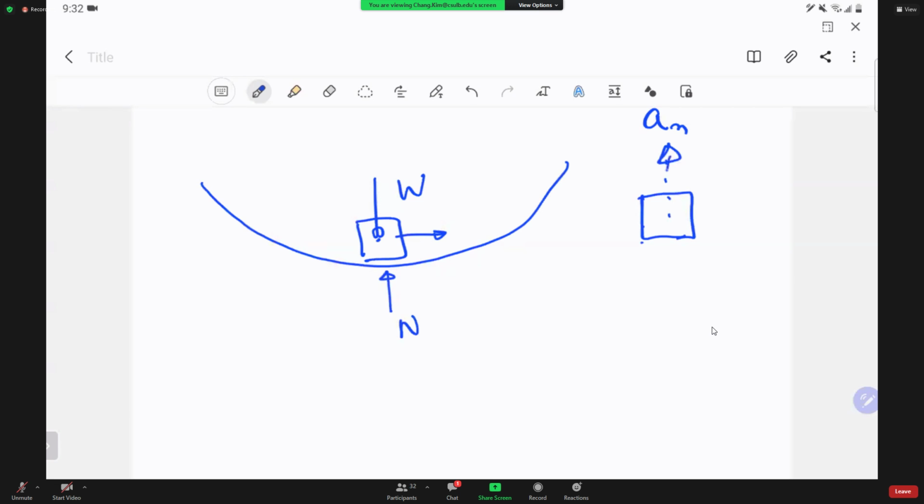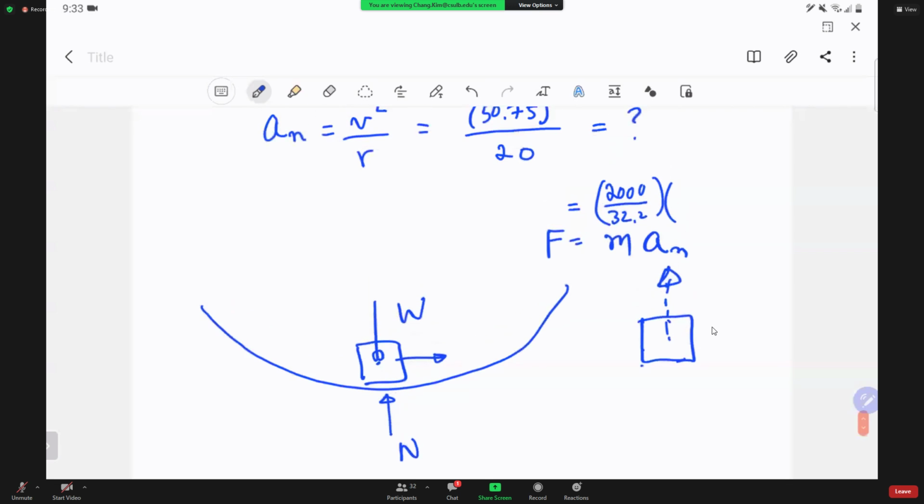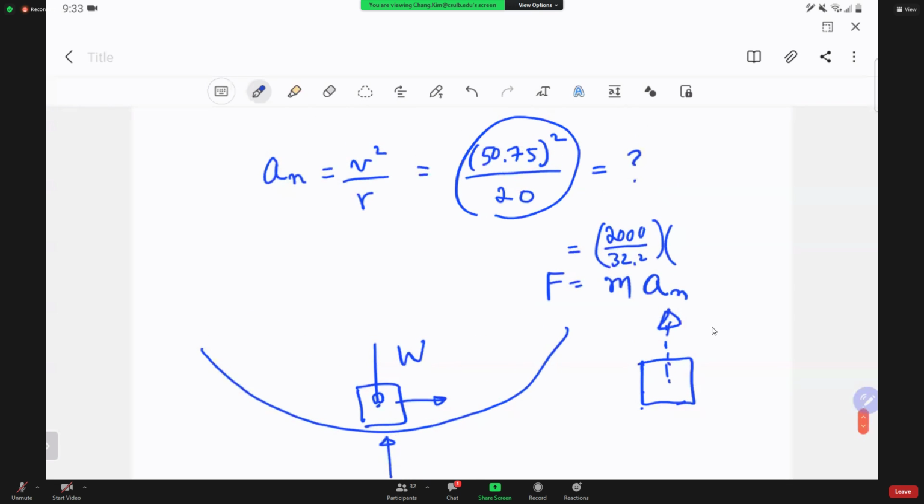How do I present this better? Maybe I will go ahead and put the mass here, that will give me the dynamic force, which is F equal to MA. If I compute this, your mass is 2000 divided by 32.2 times the acceleration that comes in here. And this value I have as about 8,000 pounds.